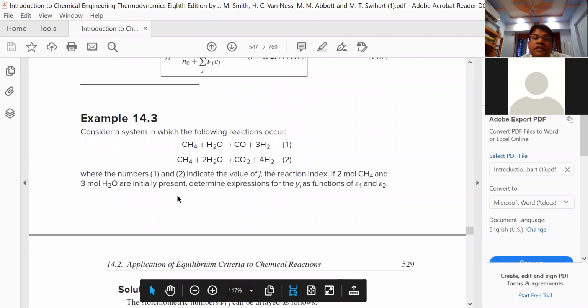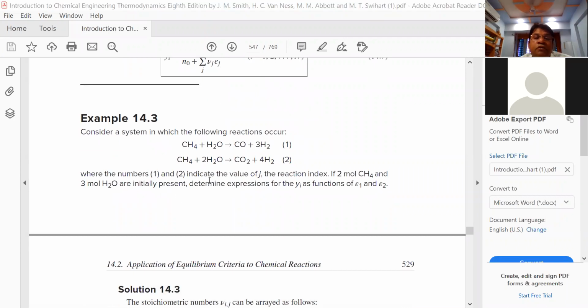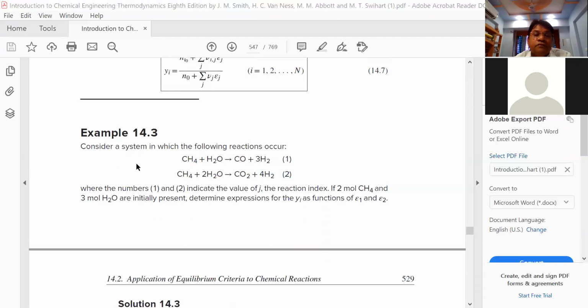Now consider this reaction. If you have notes or pen and paper, you can start working on it. Let us consider that these two reactions are happening simultaneously. This is again steam reforming of natural gas for the production of hydrogen. As explained last class, hydrogen is a very important industrial chemical. It is a raw material for many chemicals and petrochemicals.